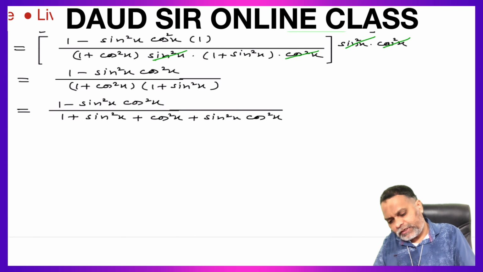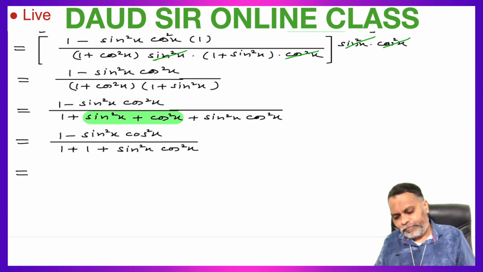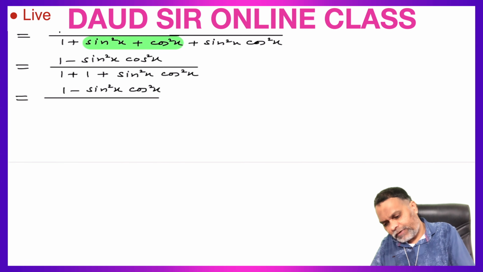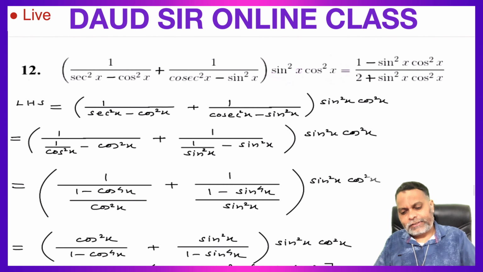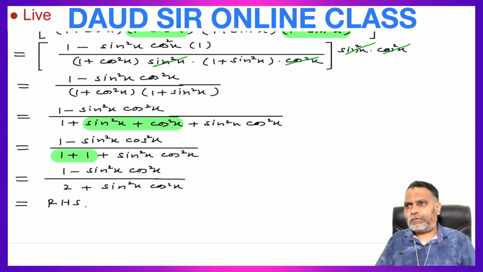Now this sin square x plus cos square x is 1, which is equal to 1 minus sin square x into cos square x upon 1 plus sin square x plus cos square x, again 1, and this sin square x into cos square x, which is equal to 1 minus sin square x into cos square x, as it is, 1 plus 1, this 1 plus 1 is 2, plus sin square x into cos square x, which is equal to the right hand side. 1 minus sin square x cos square x upon 2 plus sin square x into cos square x. Hence proved.